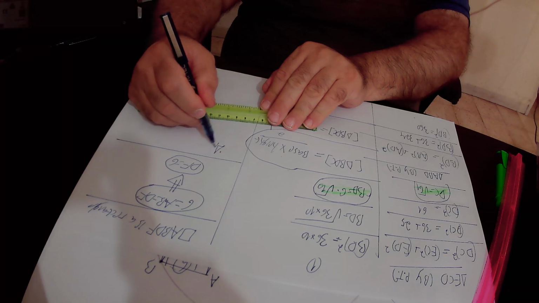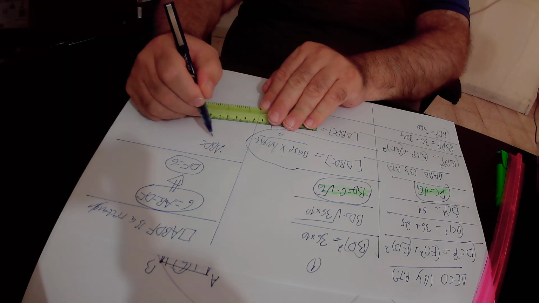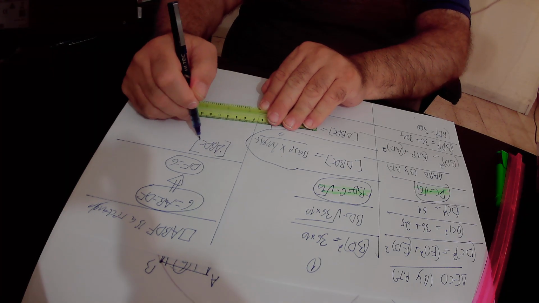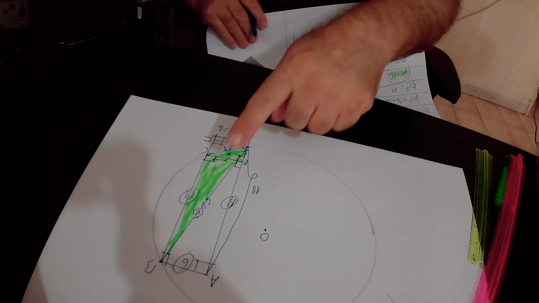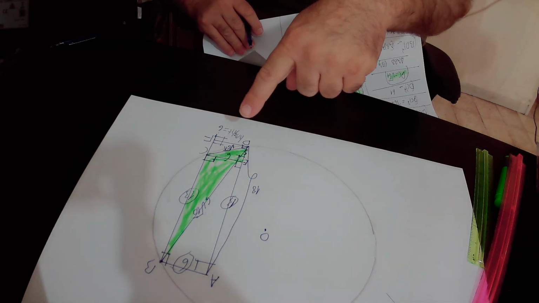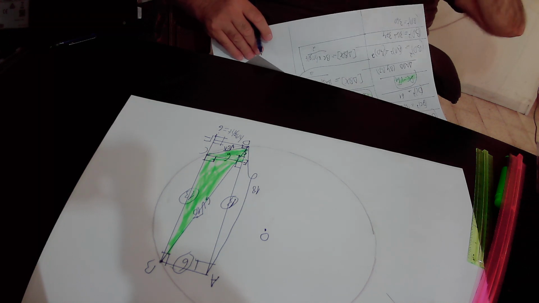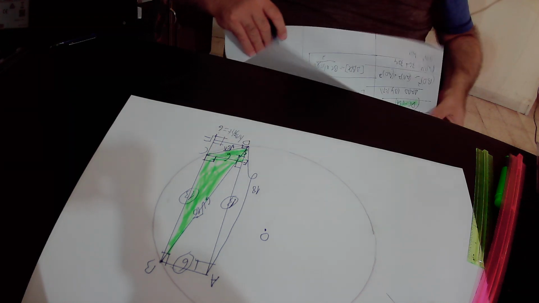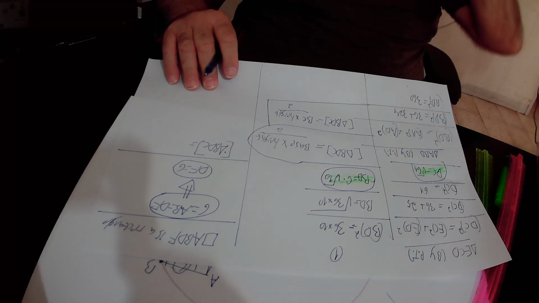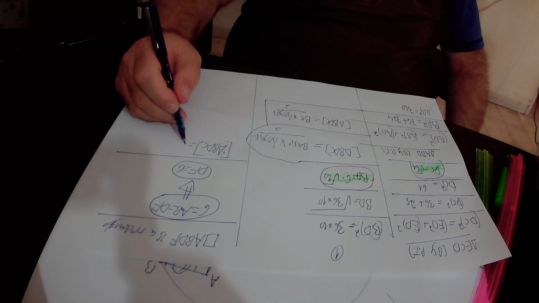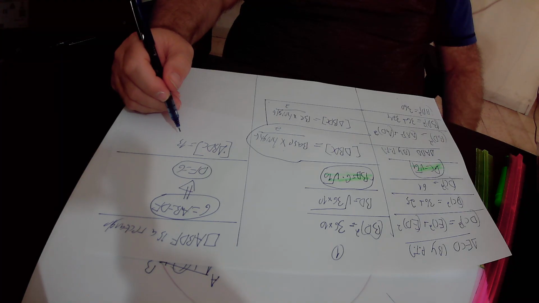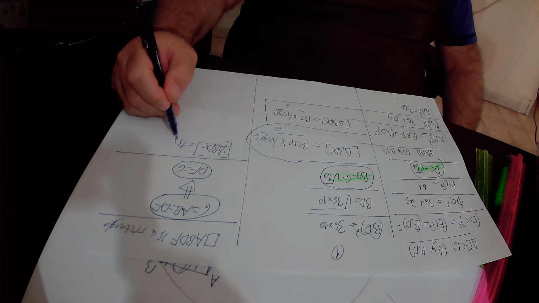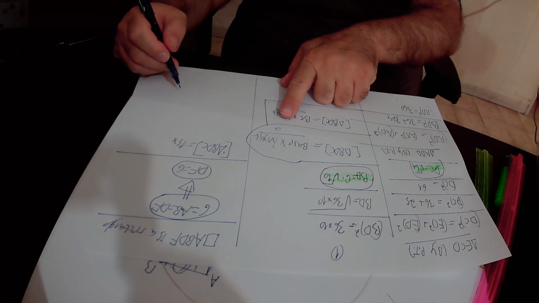So the area of the green triangle, triangle BDC, equals the base of the triangle, the base we choose as BC, and we know that the base BC equals 13 units, so we substitute BC by 13, times the height.